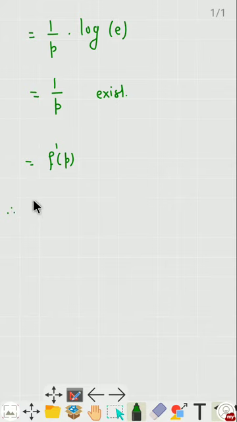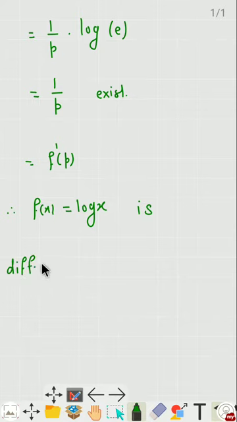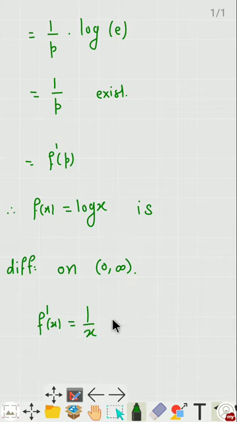Therefore function f of x equal to log x is differentiable from 0 to infinity, and the derivative of f is 1 upon x. Okay, so let us go to the next question.